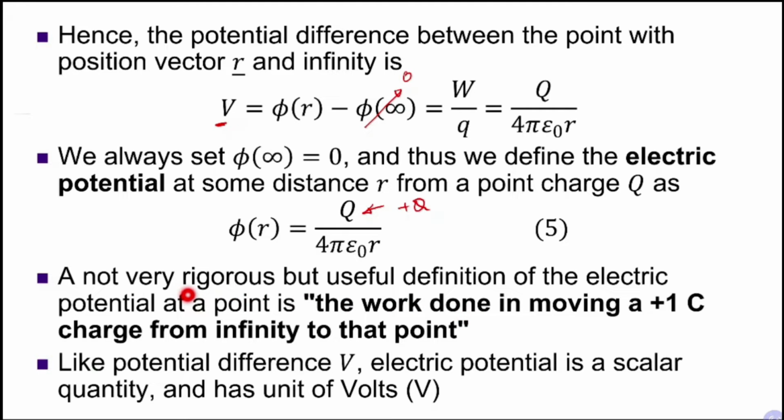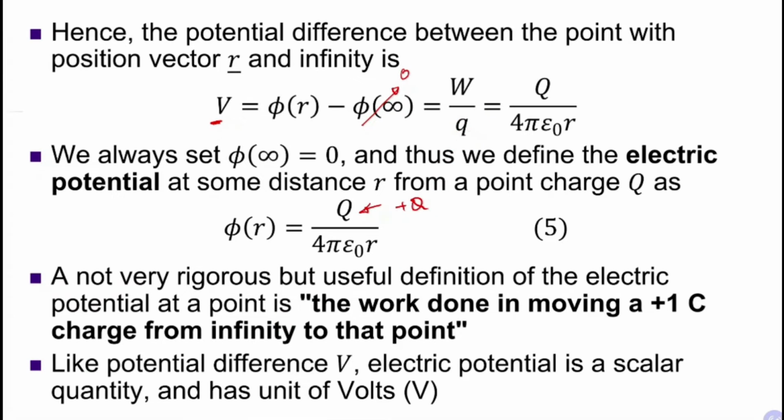So another way to think about potential is the work done in moving a charge of 1 coulomb from infinity to that point. If my q here is 1, then this will be the work done, W, to move that 1 coulomb charge from infinity to the point R.